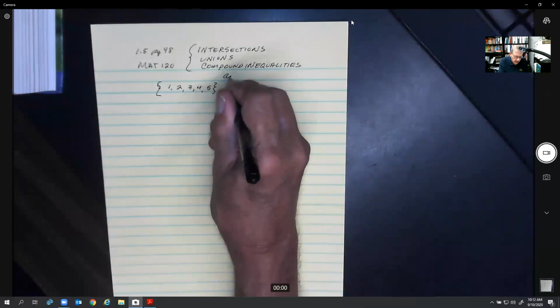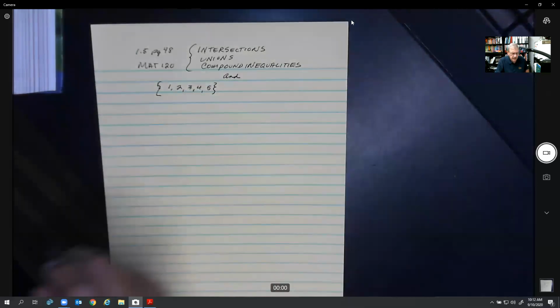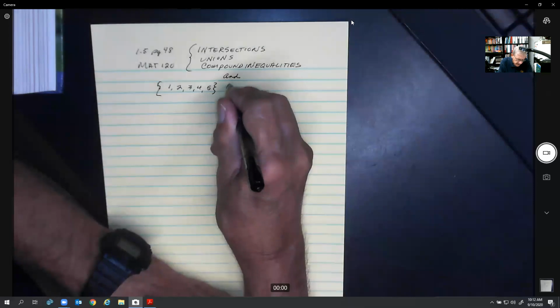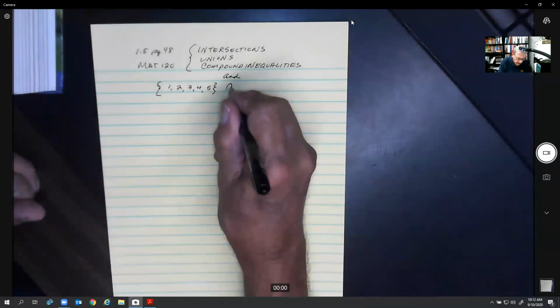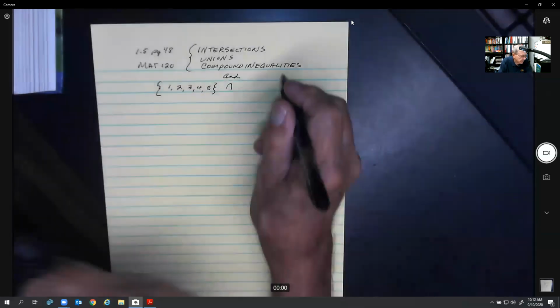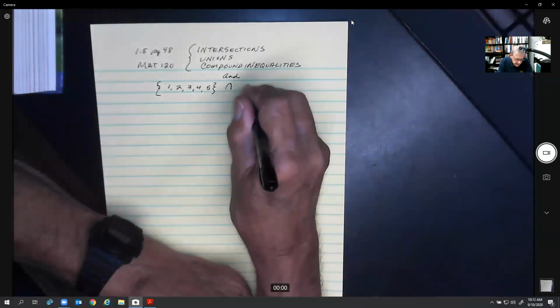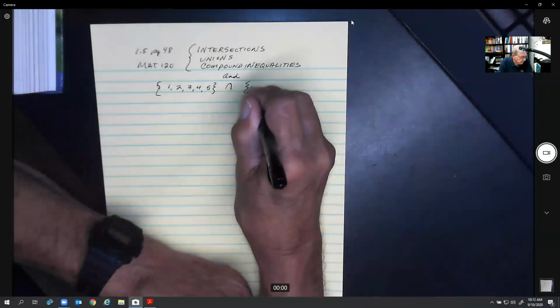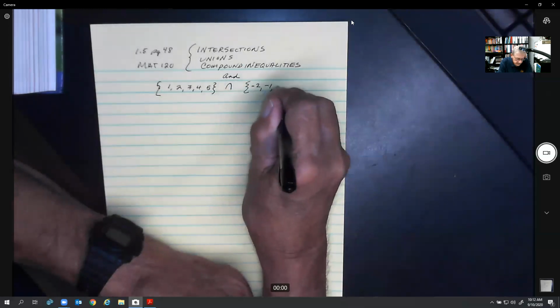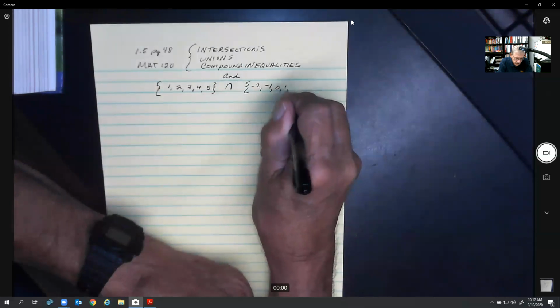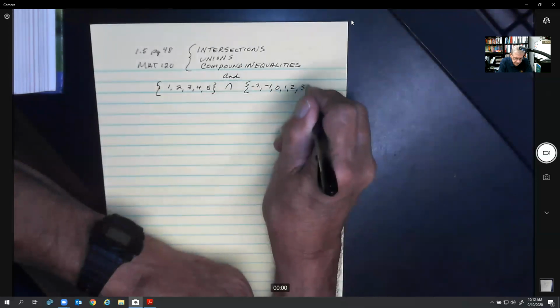Intersection means we want an and statement. And we designate an intersection with a symbol that looks sort of like an A; if we put a line through there, it would be an A. With this set, another set, we call this set B, and that was -2, -1, 0, 1, 2, 3.